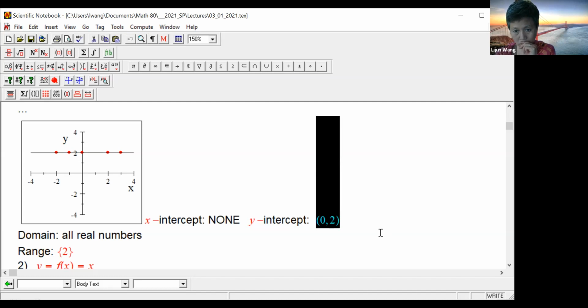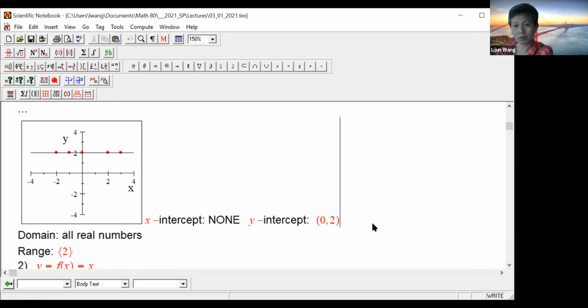Because when you say y is 2, you need to tell me what x is. So this 0, 2 tells the reader that when input is 0, y is 2. If you only tell me y is 2, that's incomplete.